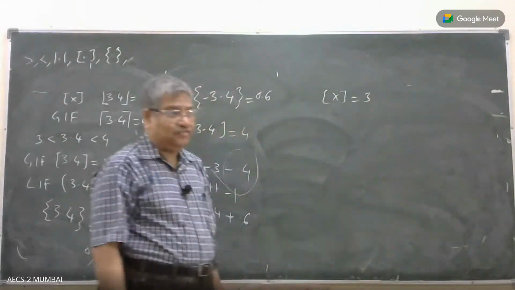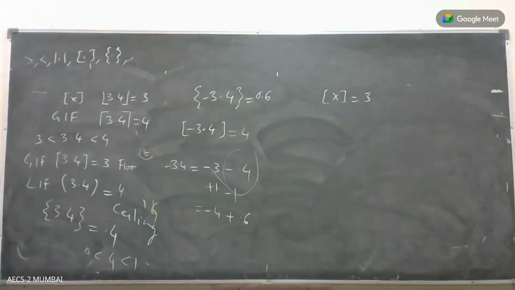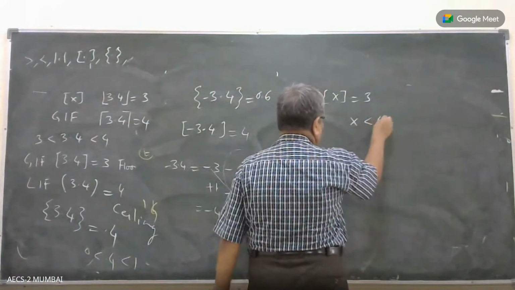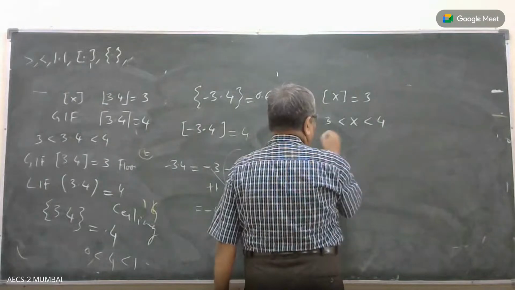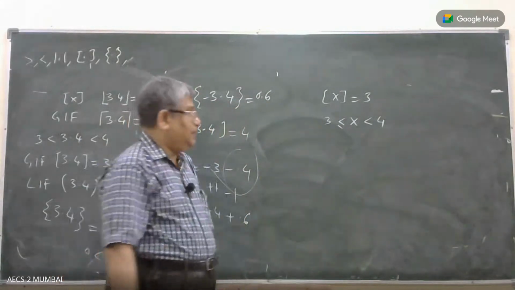Find out all real numbers which will satisfy this equation, where this bracket means greatest integer function. So the greatest integer function is 3, so x will be in the interval 3 to 4, closed at 3 and open at 4. x should be less than 4 and greater than or equal to 3.